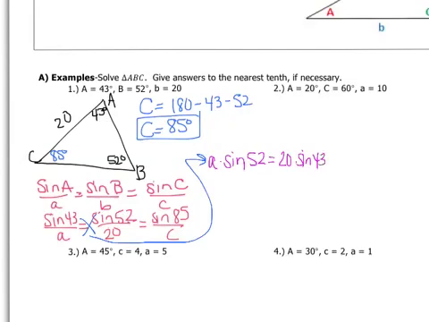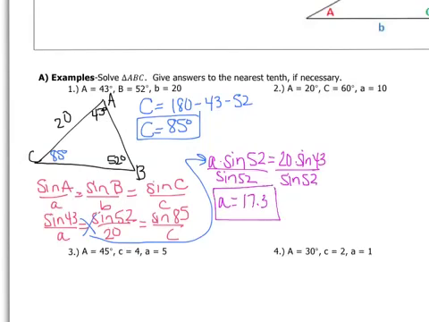Our goal is to solve for A, so I'll divide both sides by the sine of 52 degrees. And then from here, it's just a matter of putting that in your calculator. So make sure that with your calculator, you are getting the 17.3 that we should.